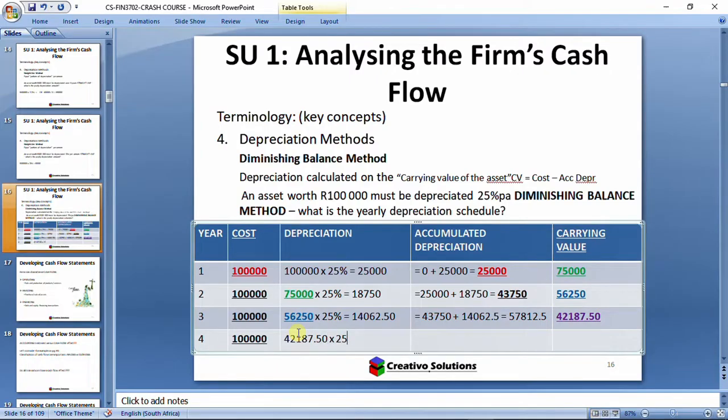Times 25% equals. Okay, so last depreciation amount is 10,546. Okay, this one we are going to round off, 88. All right, and then add again.